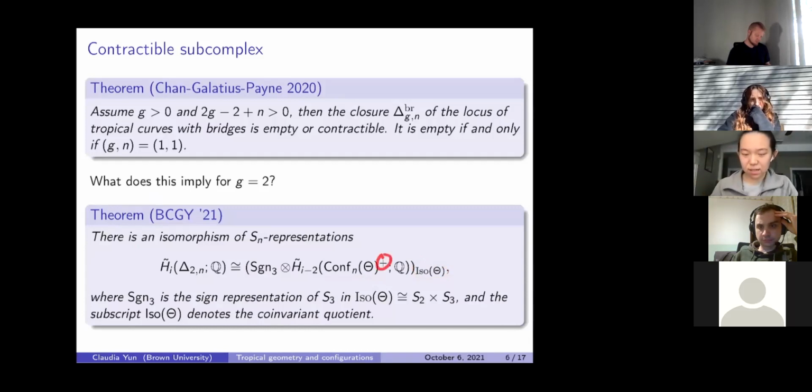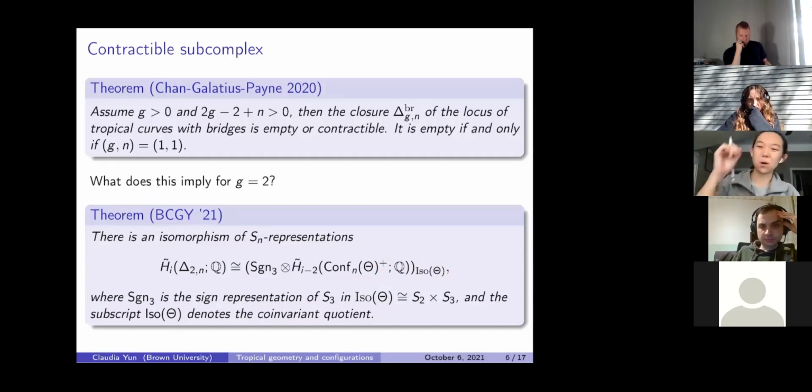And this plus here is the one-point compactification of the space. We have this one-point compactification because remember, before we had a big contractible subcomplex and we were looking at the complement, and the complement looked like the configuration space. And so to get the entire delta 2n, we have to throw back in that point that we contracted. And so that's how this compactified version comes in.